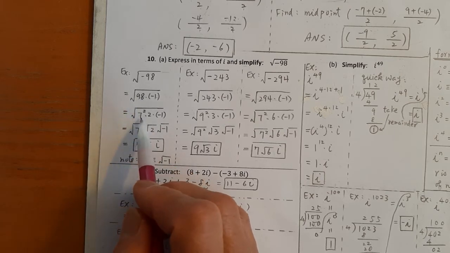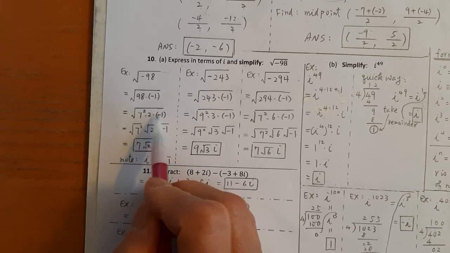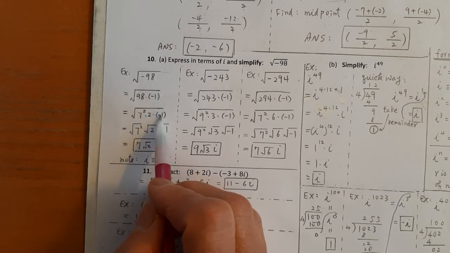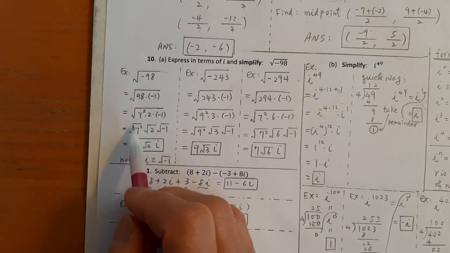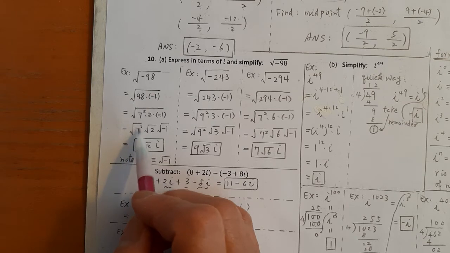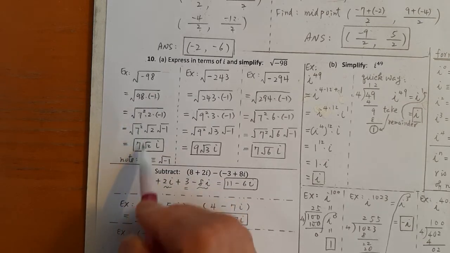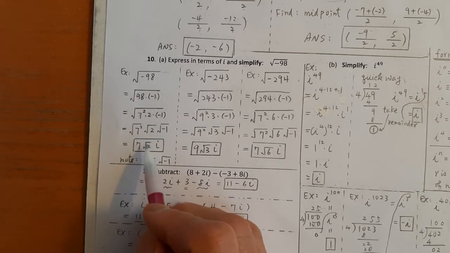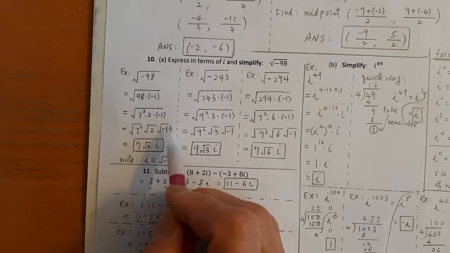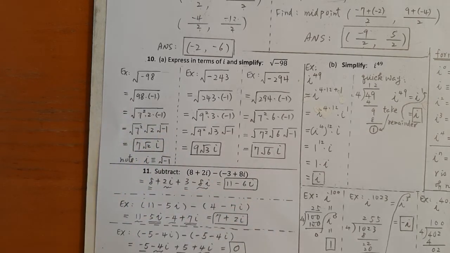So 98 you can put 7 squared times 2 times -1 here. Separate the 3. Each one take square root. 7 squared take square root is 7. 2 take square root is square root of 2. -1 take square root we define as I.